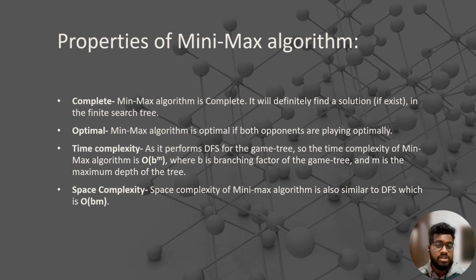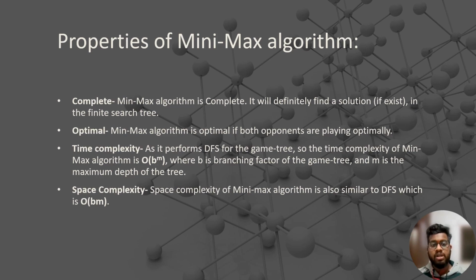Now, let us look at some properties of the Minimax algorithm. The Minimax algorithm is complete. It will definitely find a solution if one exists in the finite search tree. The Minimax algorithm is optimal only if both opponents are playing optimally.